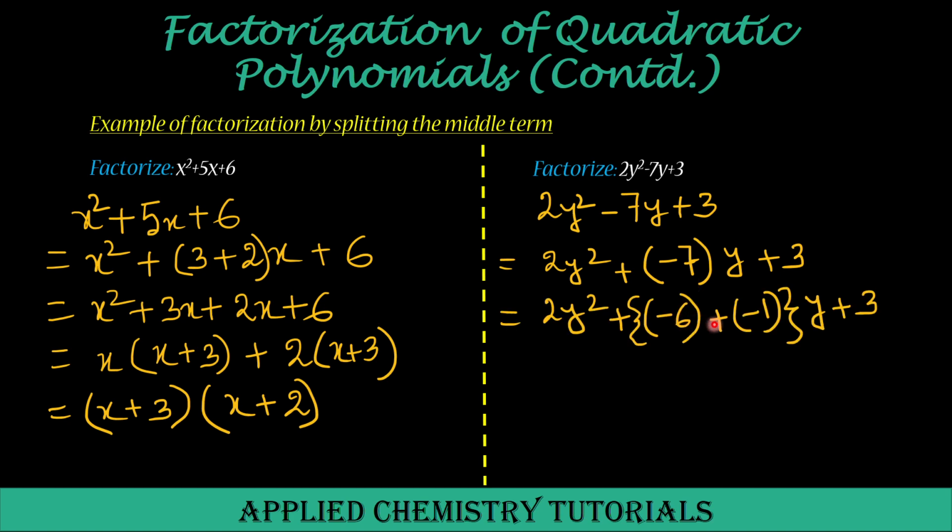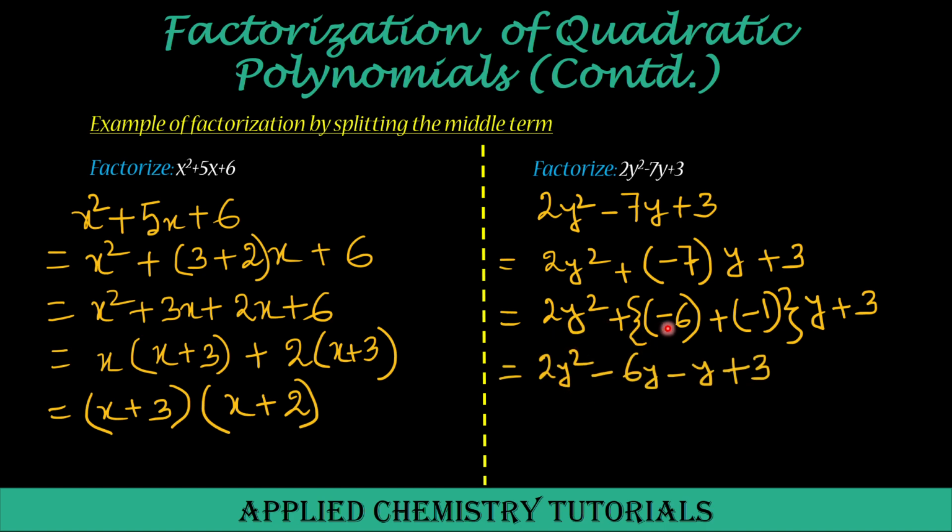So we are splitting the term minus 7 as minus 6 plus minus 1. Let's check it. Minus 6 plus minus 1 is minus 7, and minus 6 multiplied by minus 1 is 6, which equals 3 multiplied by 2. So it matches the criterion.